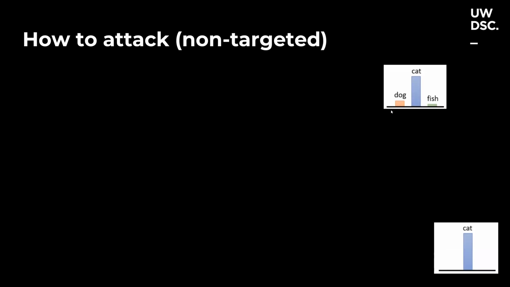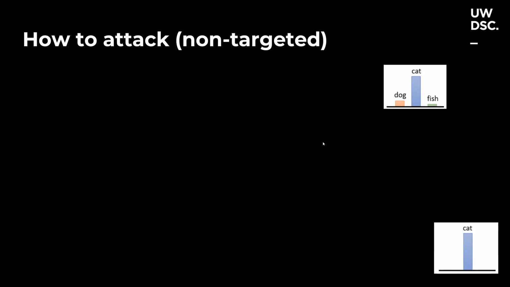So how to attack? Let's say for an image classifier, we have three classes: dog, cat, and fish. The top chart is the distribution of the prediction for one instance, and the bottom one is the distribution of the prediction for another.